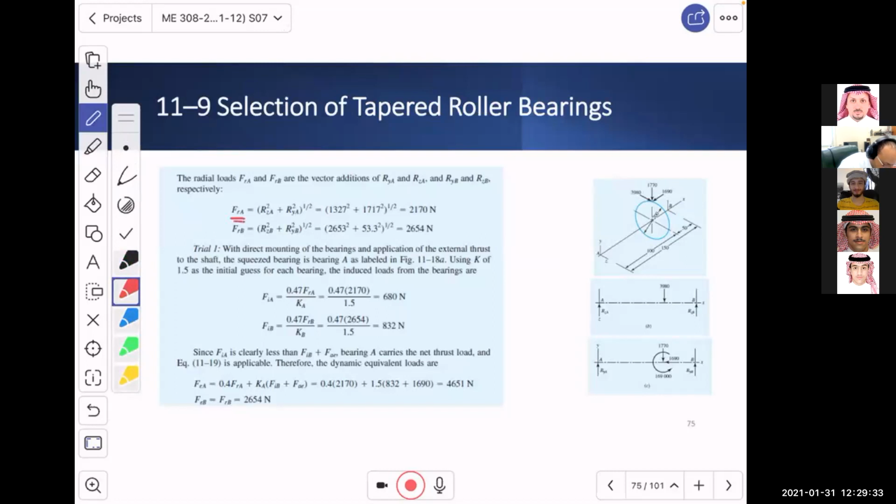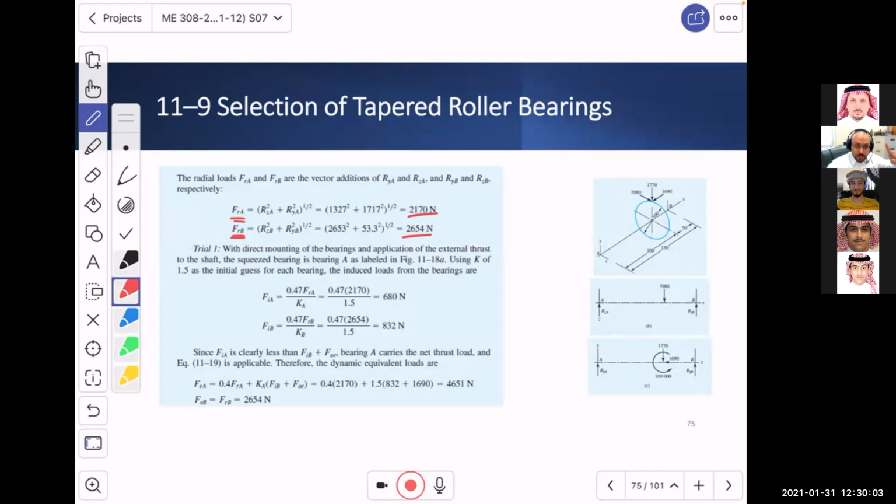Look, these are the radial forces. Now, this is the radial force, inclined this way, that way, it doesn't matter. This is the resultant radial load acting on the location of bearing A and bearing B. How is this going to help me right now? Well, if you look down, we are going to find the induced thrust, right?